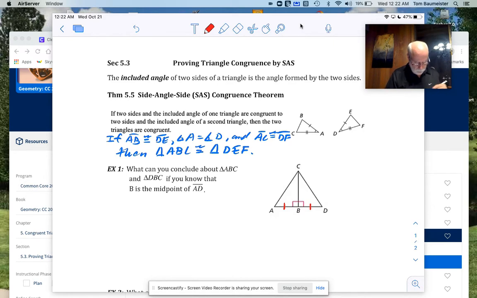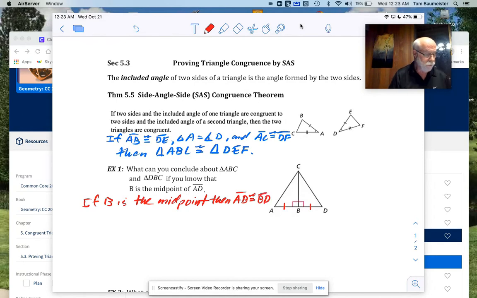So if B is the midpoint, then AB is congruent to line segment BD.